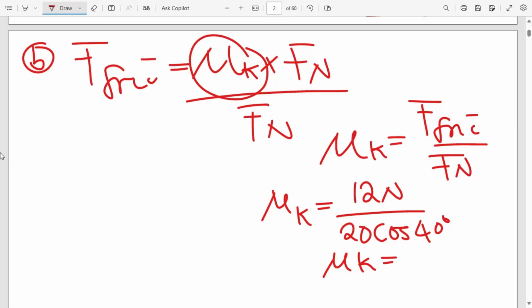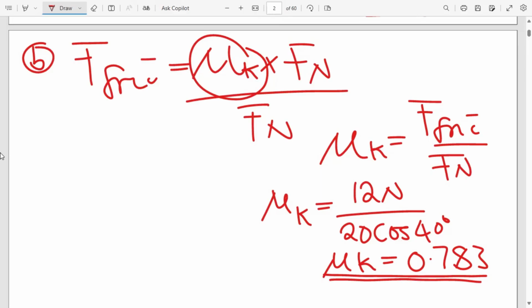And this is giving me exactly a value of 0.783. That, ladies and gentlemen, is our coefficient of kinetic friction, 0.783.